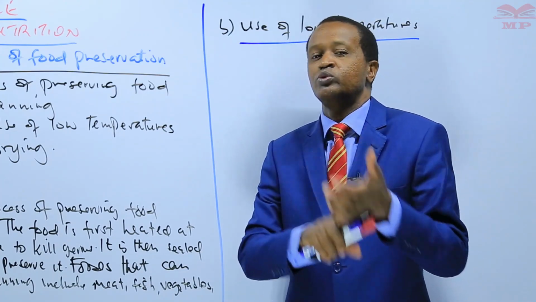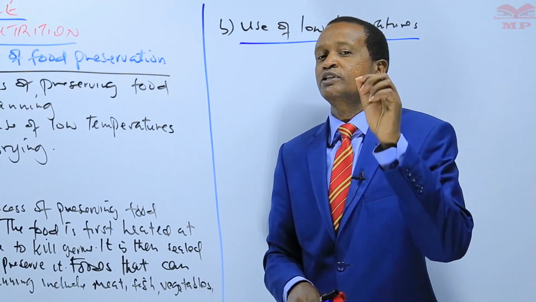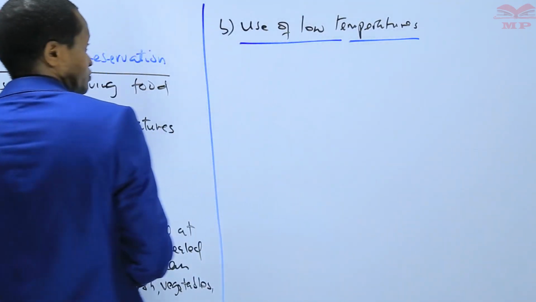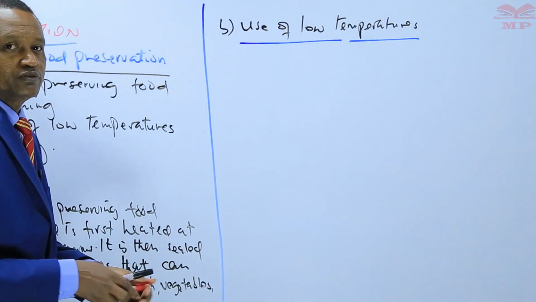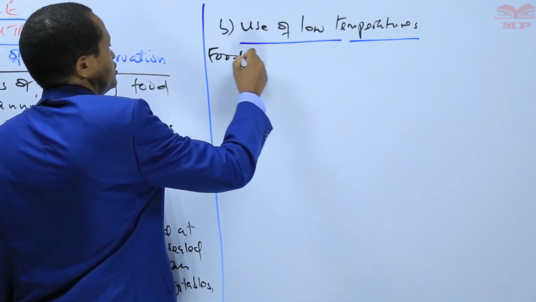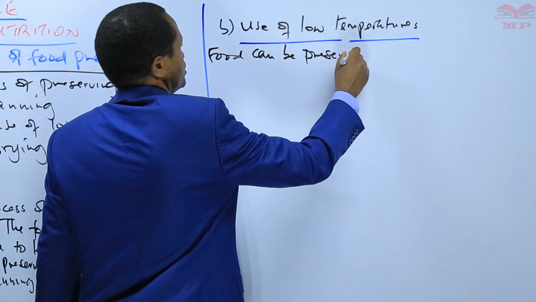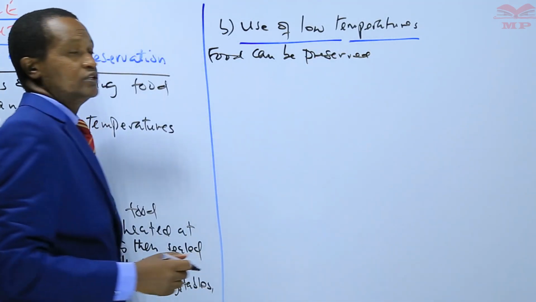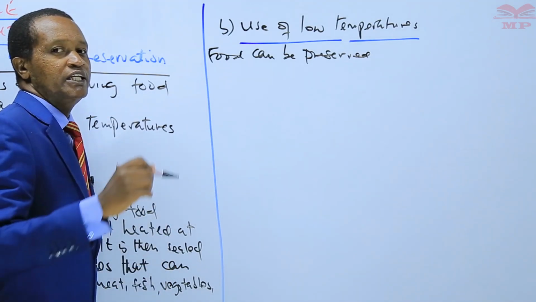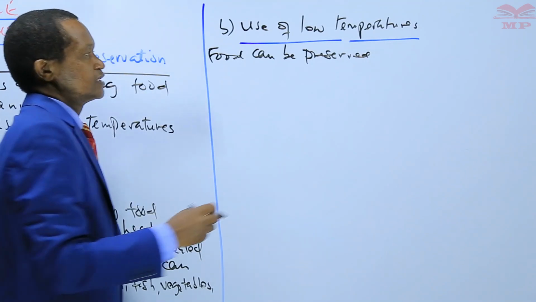And the methods used, learners, to preserve foods under low temperatures include, let me first note down that food can be preserved. Make sure you put down the notes. Food can be preserved by keeping it in place with very low temperatures.